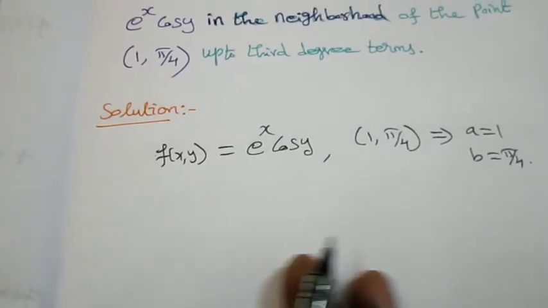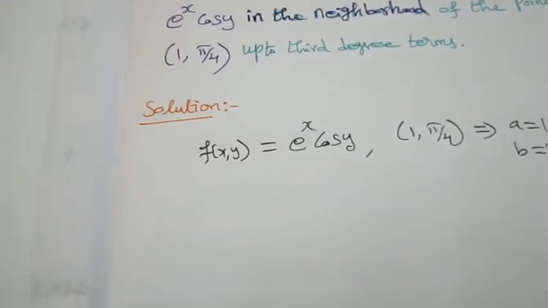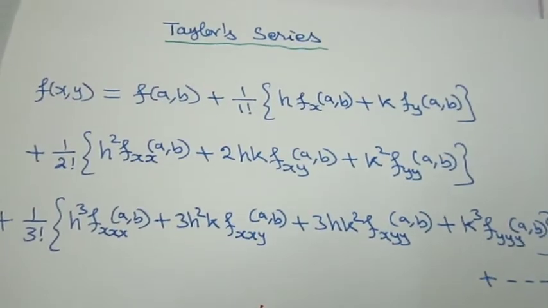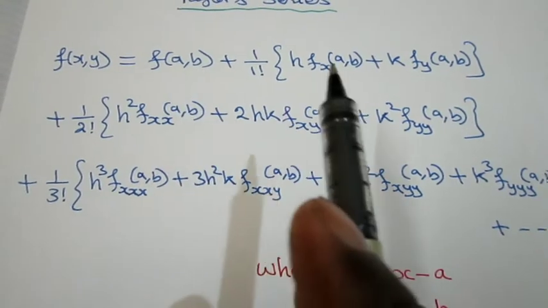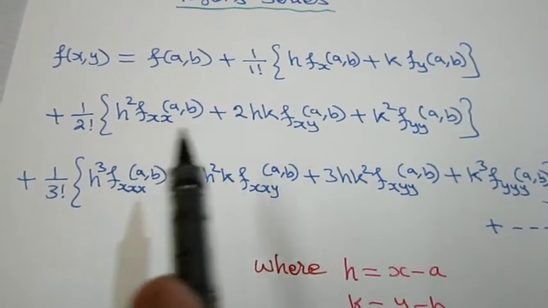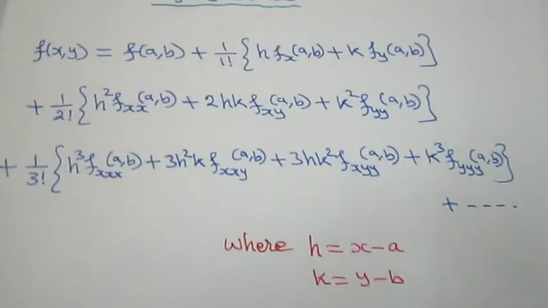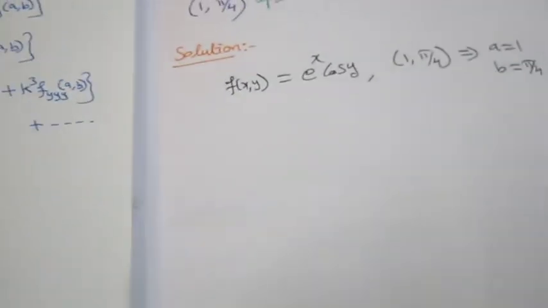Okay, so now we know the Taylor series formula. For this formula, I want to find out f of a comma b, fx of a comma b, fy of a comma b, etc. So I am going to form a table.